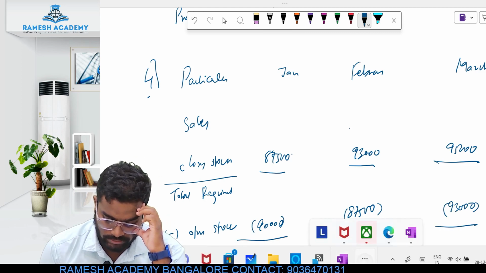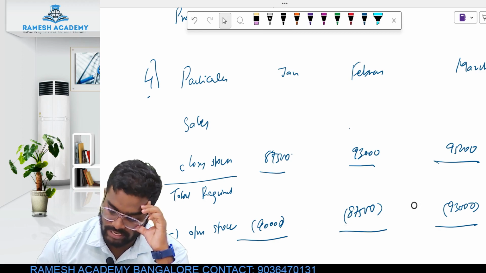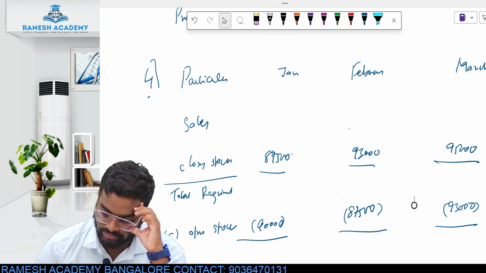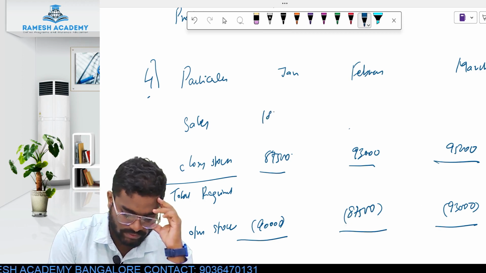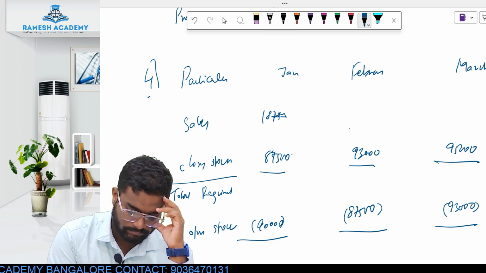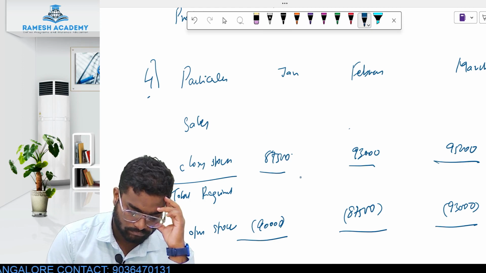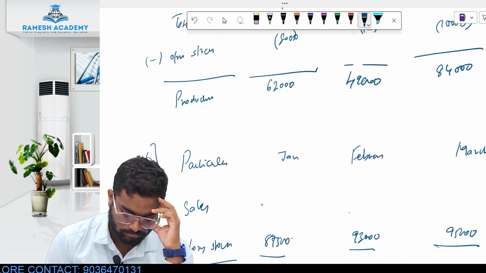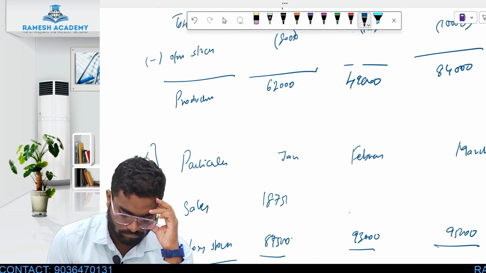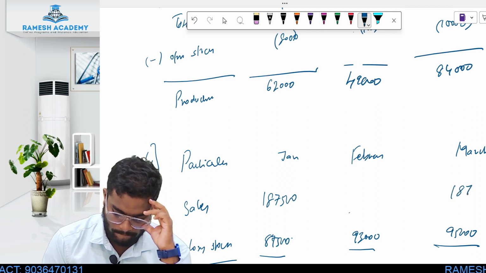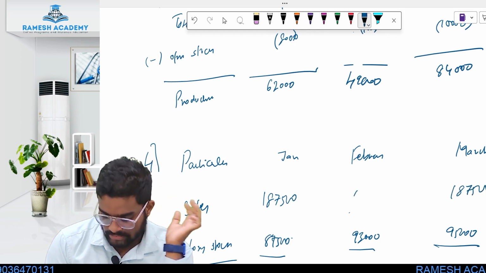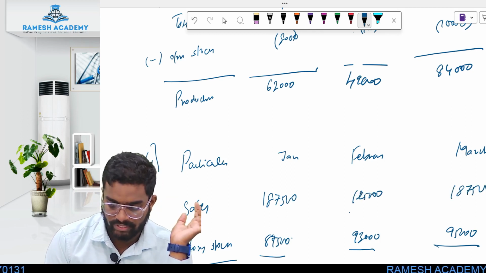So sales we know now, 5 lakh into 37.5%, which is 187,500. Here it is 1,25,000 because it is 25%.